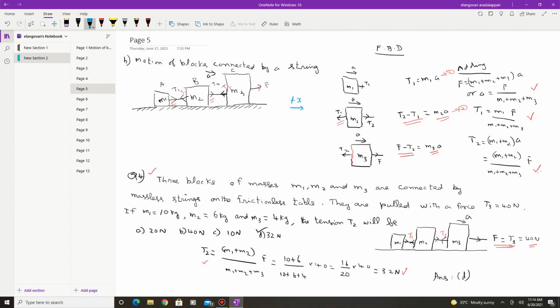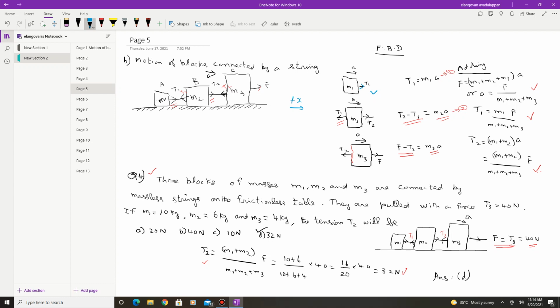Now here also, as before, you have to draw the free body diagram. So for the first mass, M1, with acceleration A, T1 is the tension acting from A to B along this string. I have told you that the contact force is acting towards the block, tension force is acting away from the block.